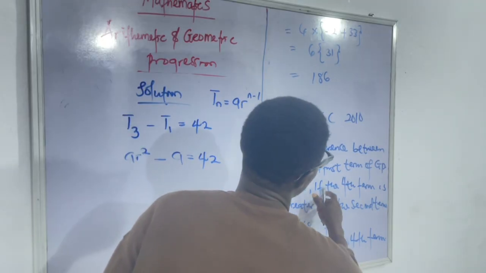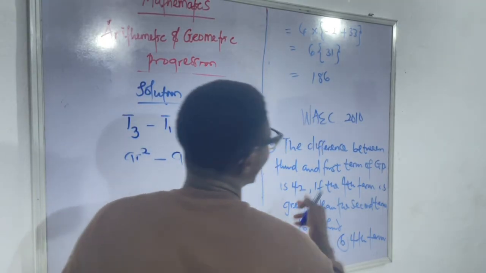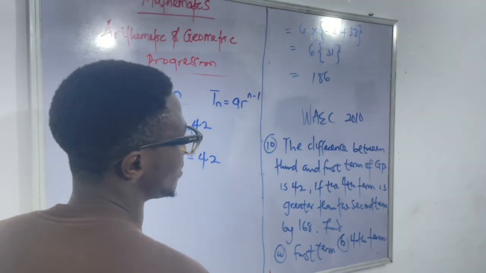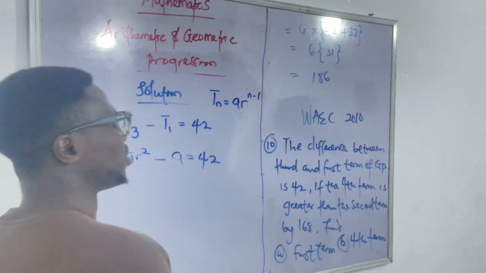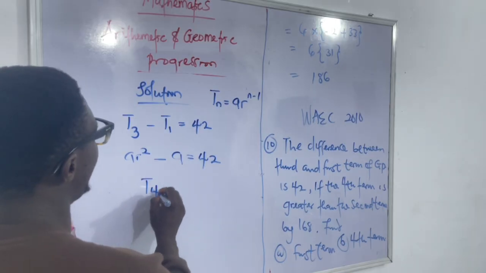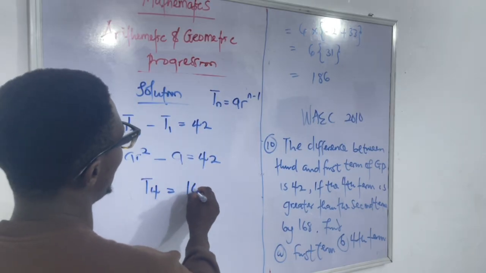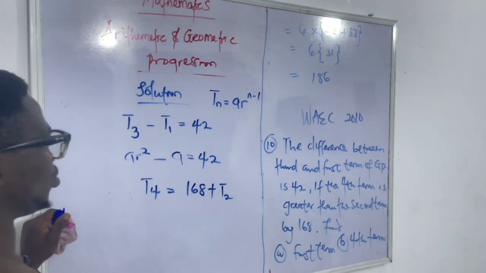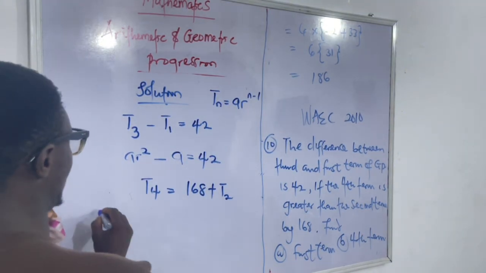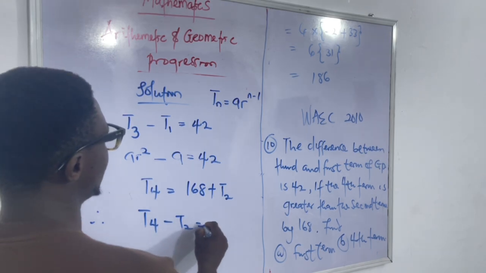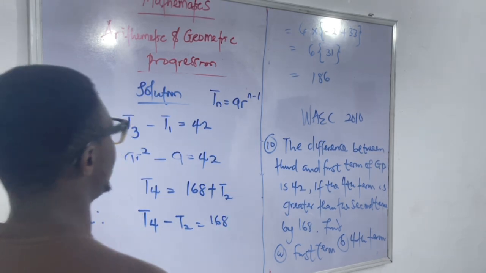Now let's move to the second statement. He said the fourth term is greater than the second term by 168. So T4 equals 168 plus T2, which means we can say T4 minus T2 equals 168.